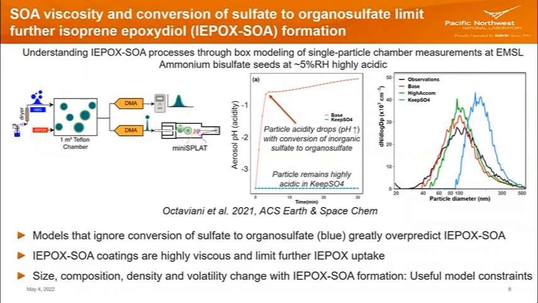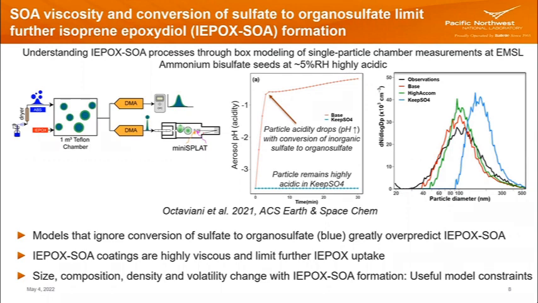But then once you inject the IPOX gas and it starts forming IPOX SOA, one component of that IPOX SOA is organosulfates. So once you make organosulfates, you are removing the inorganic sulfate from the particles and converting them to organosulfates. And what it does is it decreases the acidity a lot.